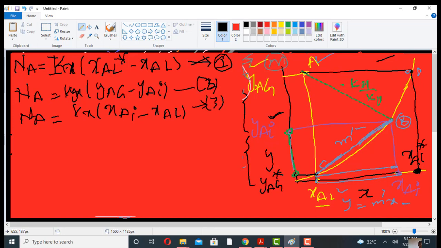Now simplify equation 1. We will get Na by capital Kx equals XaL at the equilibrium minus XaL.